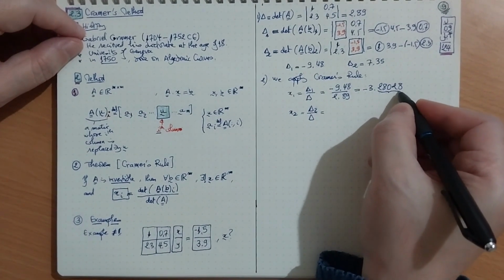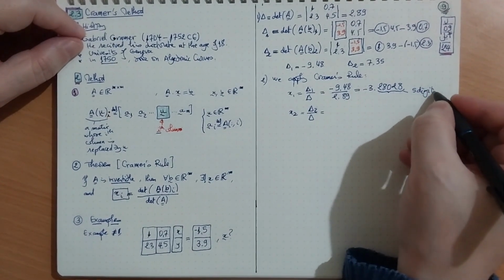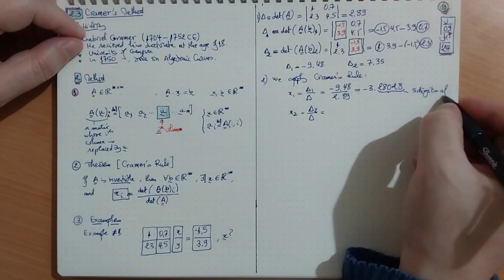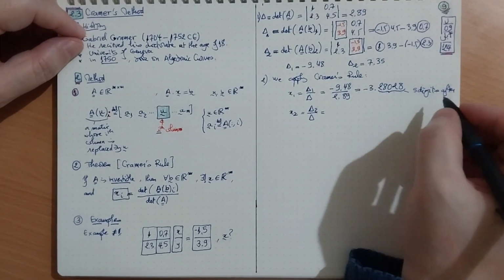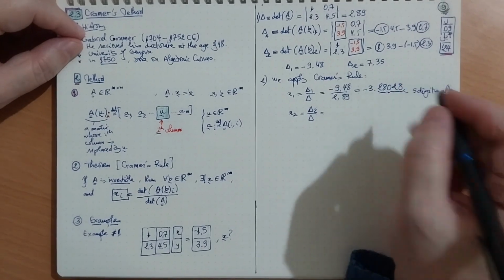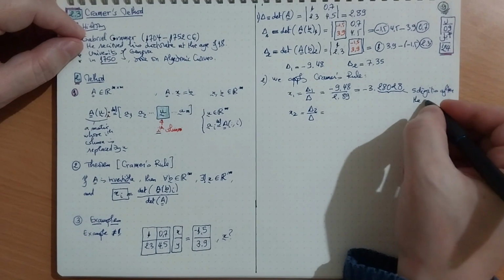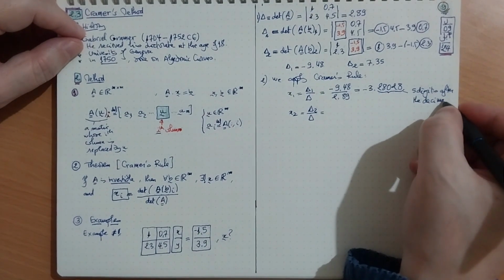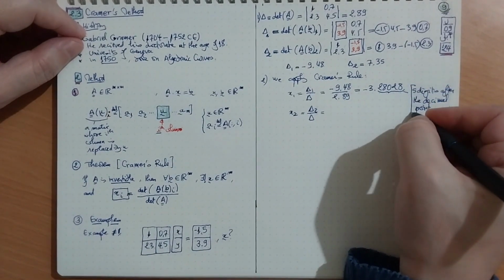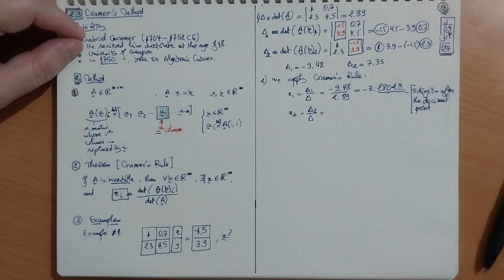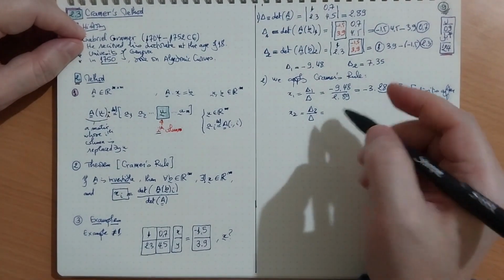So let's write it, 5 digits after. You will see why it's important later. 5 digits after the decimal point. And we do the same here.